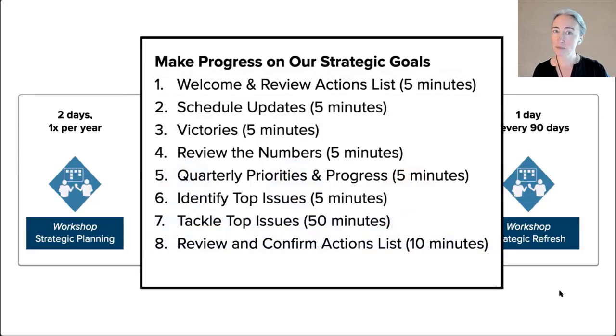Basically, these status update items where the writing has come in advance and they're just looking, are we on schedule? What were our key victories? Numbers in terms of goals and tracking and scorecard. Are we on track or off track? It's a yes, no question because they're looking at the numbers that were written in advance.